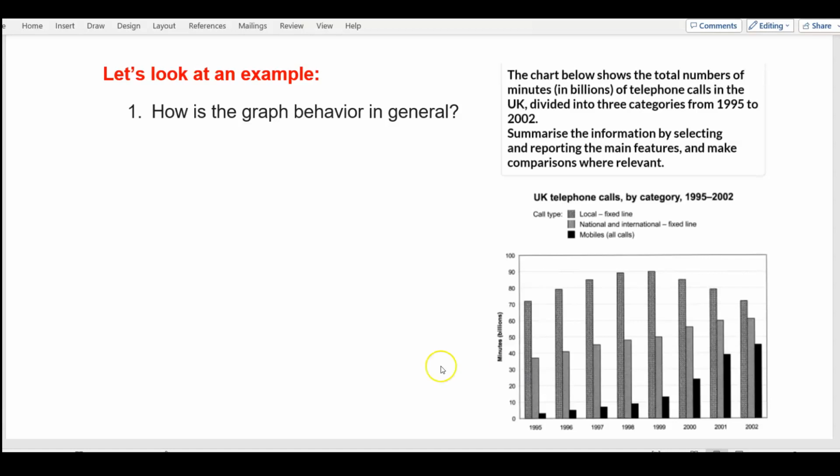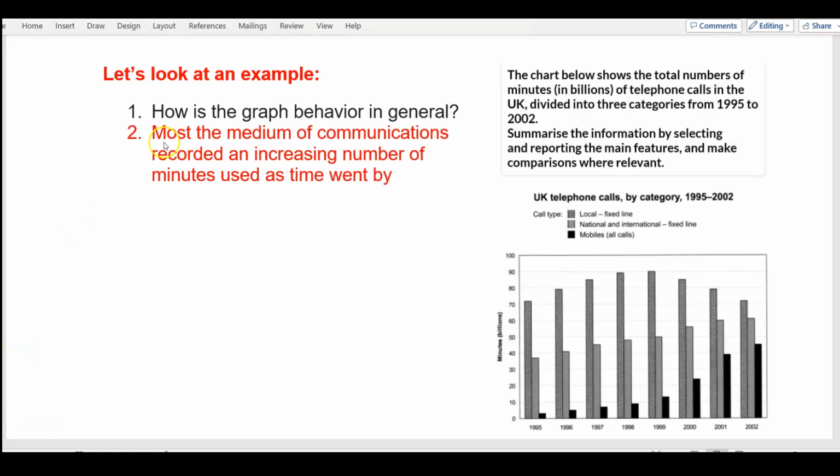So let's write that answer down. All right, now we write our answer. How is the graph behaving in general, or as a whole? You can see that most media of communication, I'd not say all because of this one. I can't say all of them, so I said most because it's 2 out of 3.